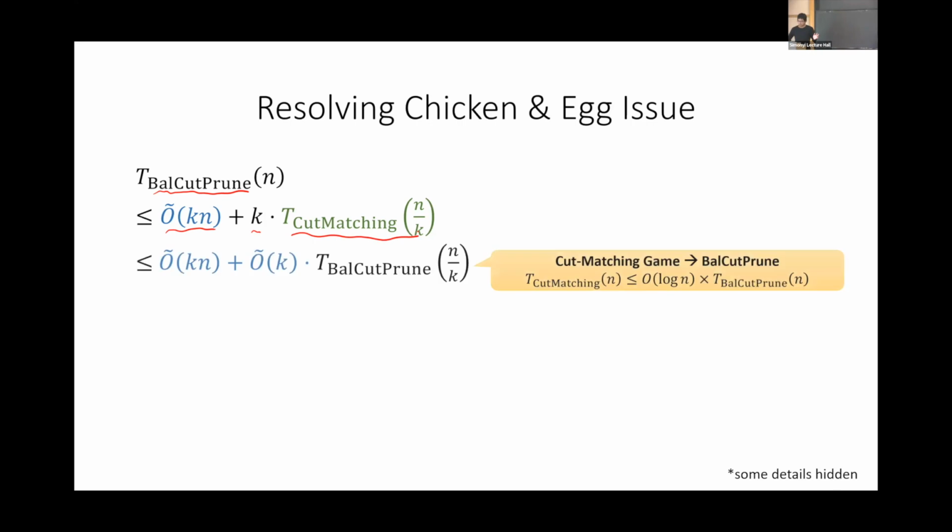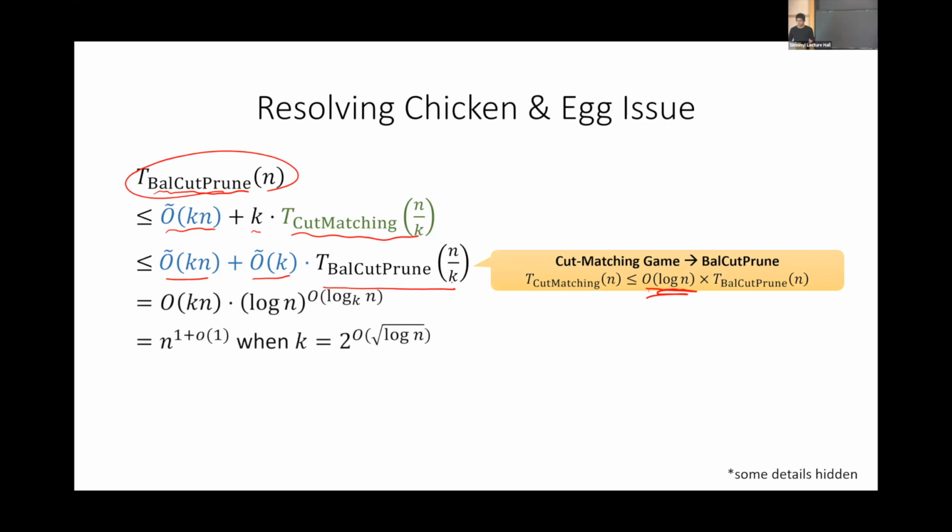The cut matching game reduces to bound cut prune as well by calling bound cut prune log n times. So now you reduce bound cut prune to this plus k times log n and this thing. You can solve this recursion. It's going to look like kn and log to this thing. And if you set k to be nice enough, then you get almost linear time.